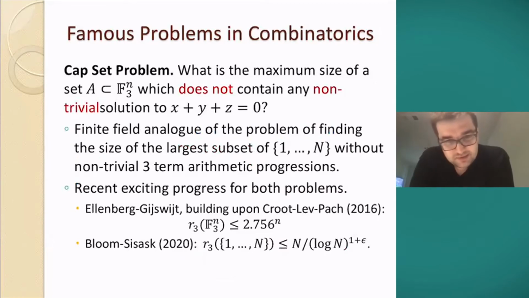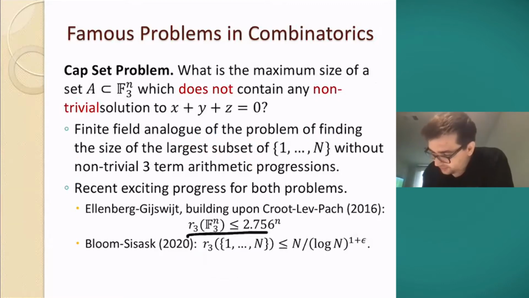And I would be remiss to mention this without telling about these 2 results. So this is a famous problem by itself, but it's also the finite field analog of the problem of finding the largest subset of the interval from 1 up to n without non-trivial 3-term APs. And both of these problems have seen recent exciting progress.